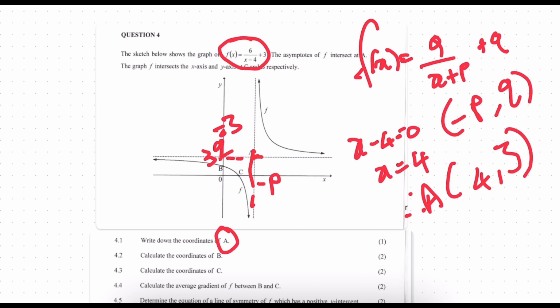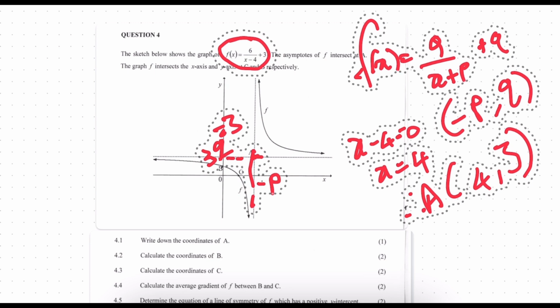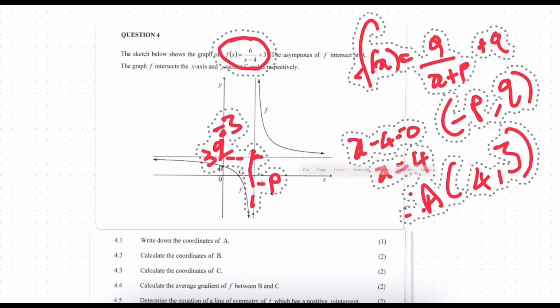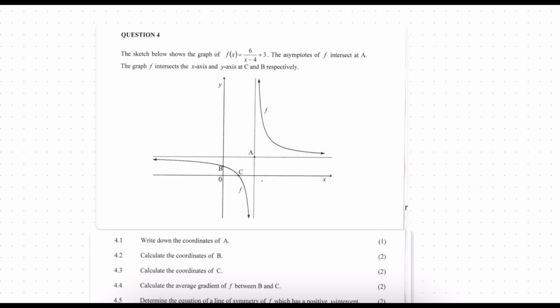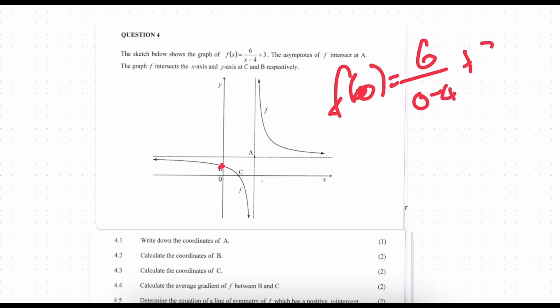So calculate the coordinates of what? They're saying we should calculate the coordinates of B. How do we calculate the coordinates of B? What is B? B is the y-intercept. For the y-intercept, you let x be 0. So that means you have f at 0 equals 6 over 0 minus 4 plus 3.